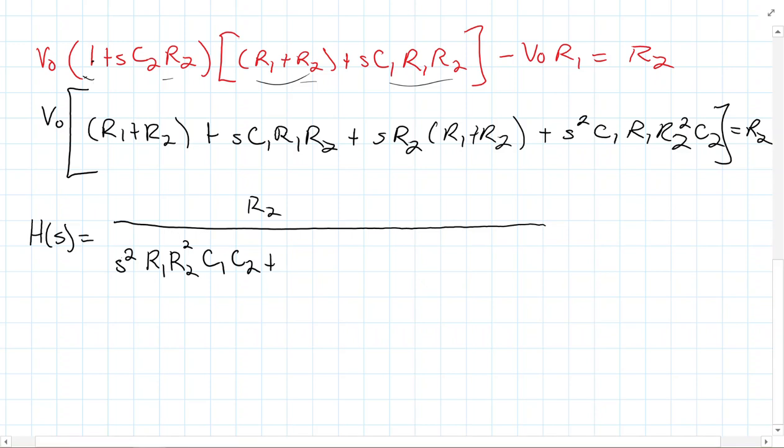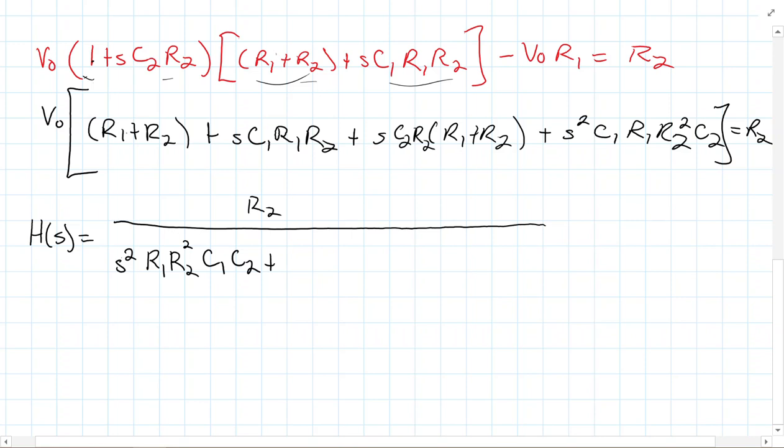I made a mistake somewhere and it's right here, because that should be SC2 R2 times R1 plus R2. So let's go back and make sure I multiplied everything out correctly.